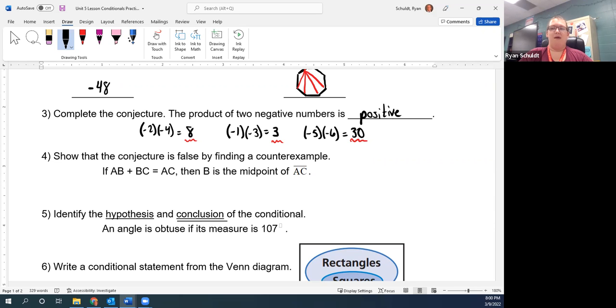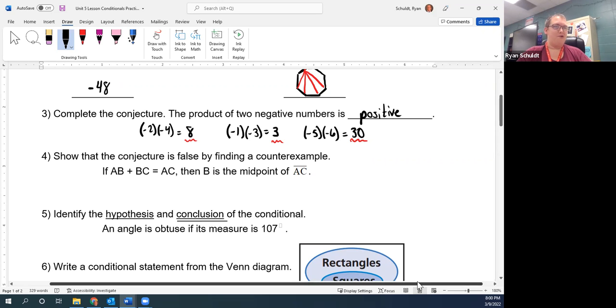Several of y'all on your day one assignment said false. No, really? It tells you that. Show it's false. Or you told me what the hypothesis and the conclusion were. That's great, but that's not what it asked for. Make sure you read the question and give what it asked for.